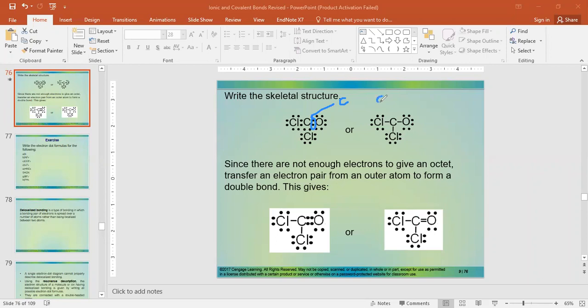Already, oxygen has 6. It requires only 2. So in this particular case, it will only come and form dative. This is what we're calling the initial skeletal structure. At that point, you will realize that the 3 outer atoms have each an octet.